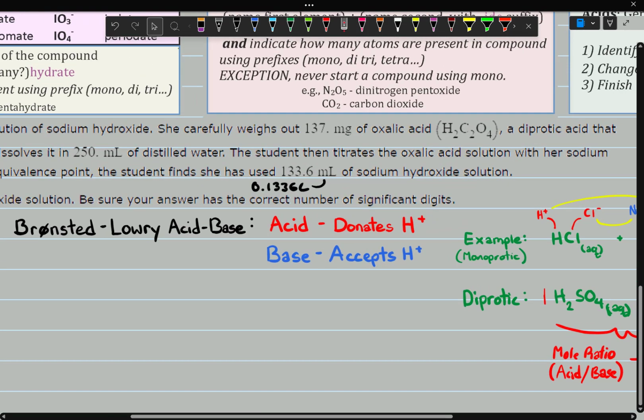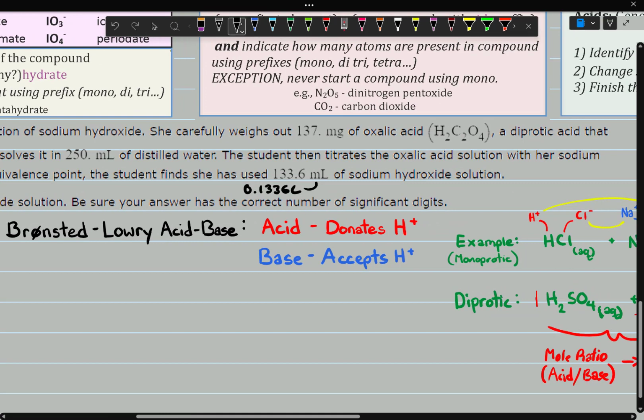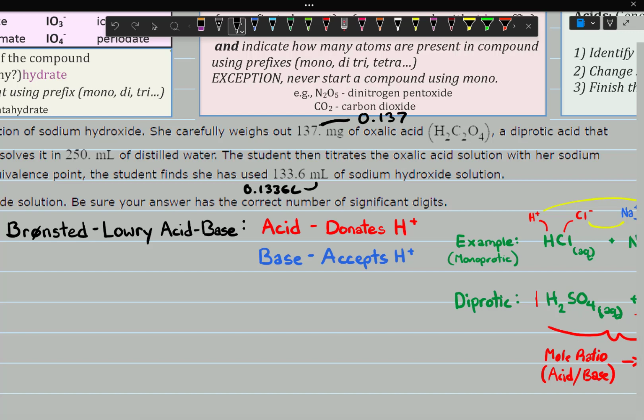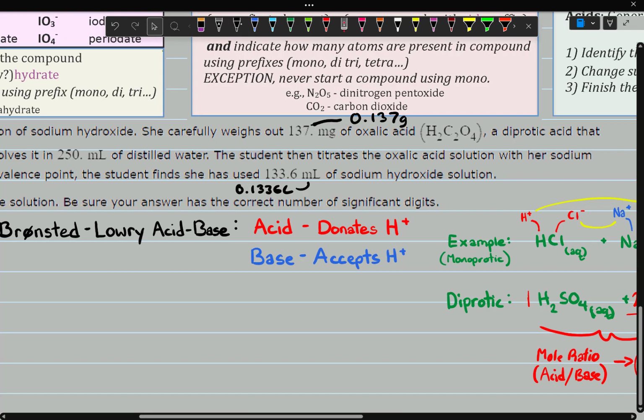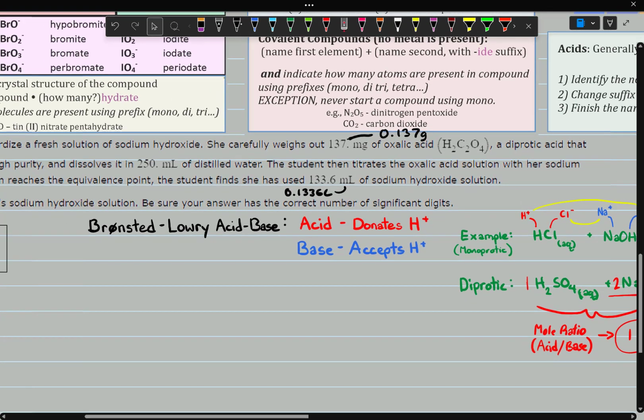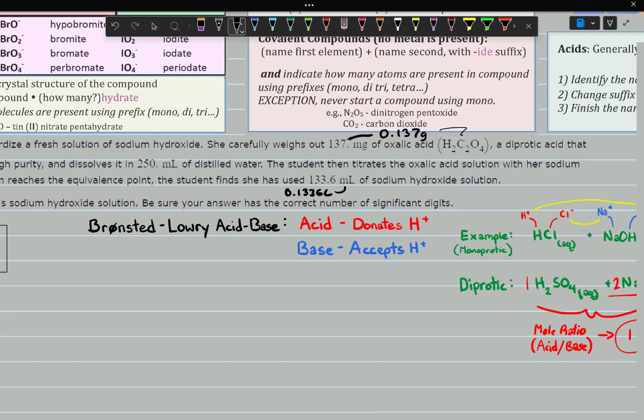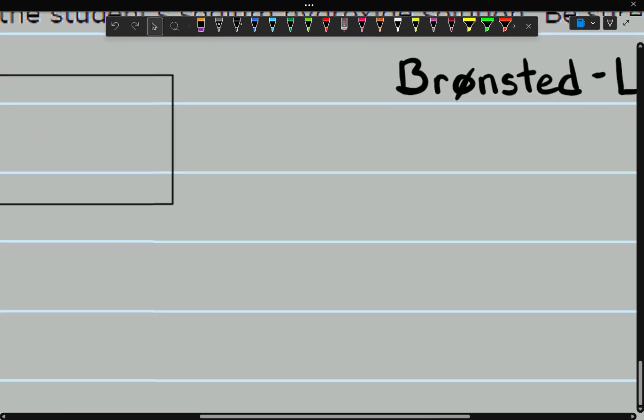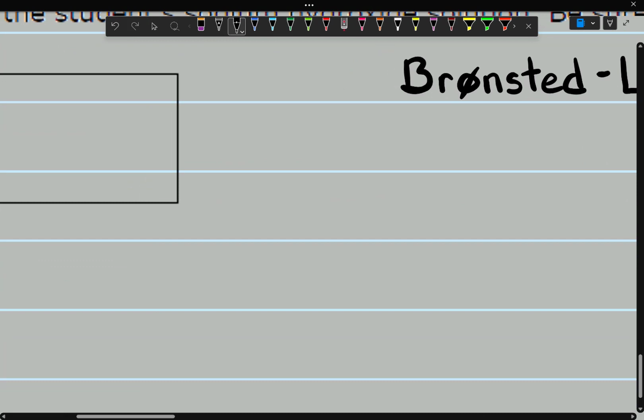So if we're given an amount in milligrams, we can convert that by dividing by 1,000, and we know that this is 0.137 grams of oxalic acid. All we need to do now is use the molar mass of H2C2O4 to find how many moles of acid we have.